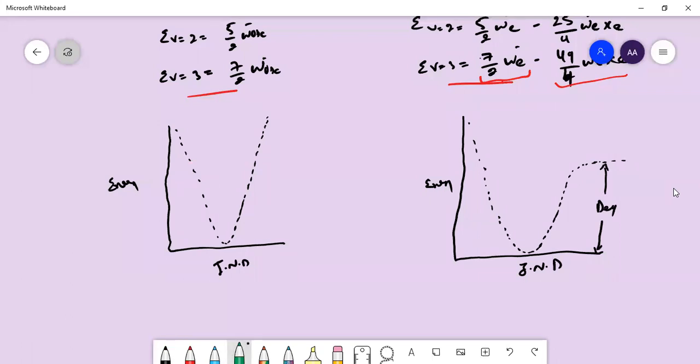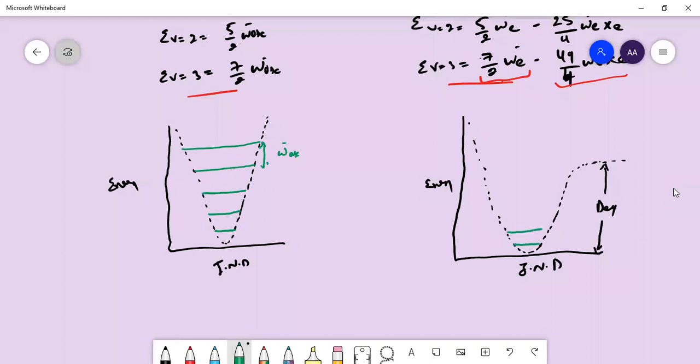Again, in the case of the harmonic oscillator, we know that the energy gap between two energy levels remains constant, and that gap is equivalent to omega E bar. However, in the case of the anharmonic oscillator, we have seen that the value of the second term increases as the vibrational quantum number increases.